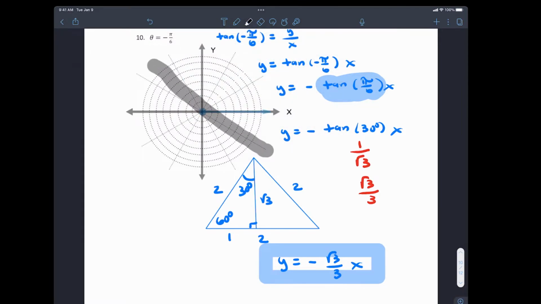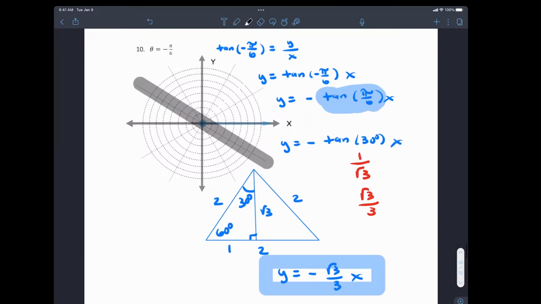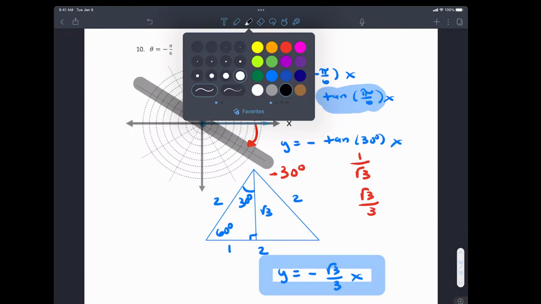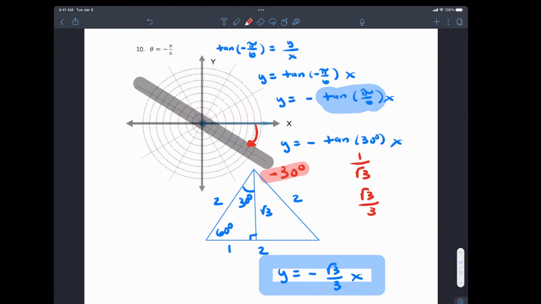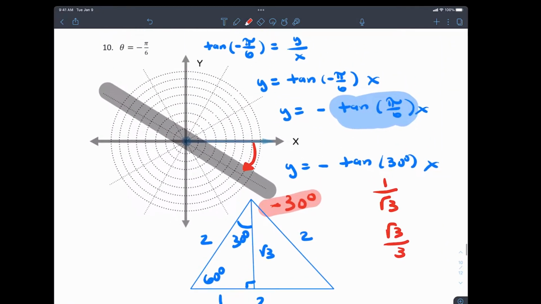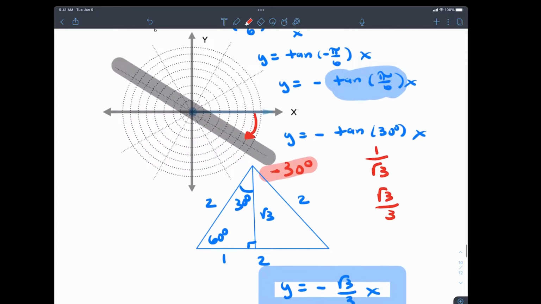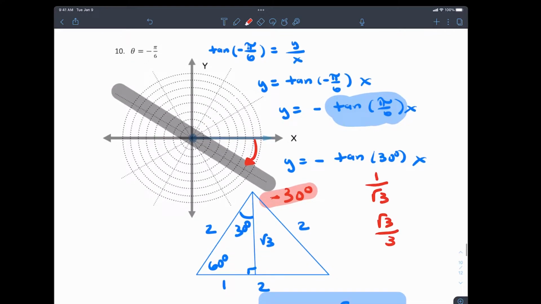This is the line here. Because this angle here is where negative 30 degrees would be, if you remember. But this is the rectangular coordinate version of that. So this is an important thing to be able to draw, lines and circles, by the way.